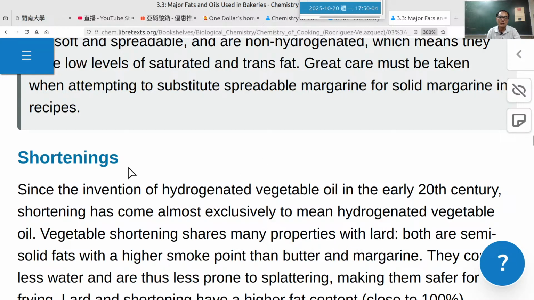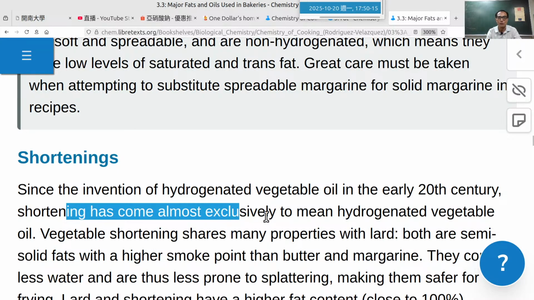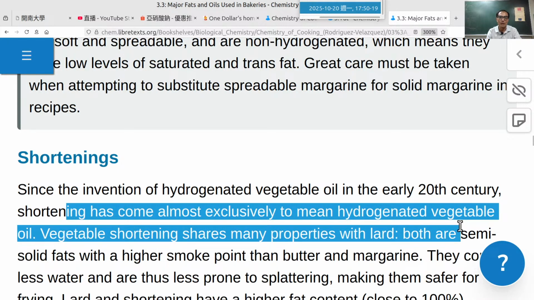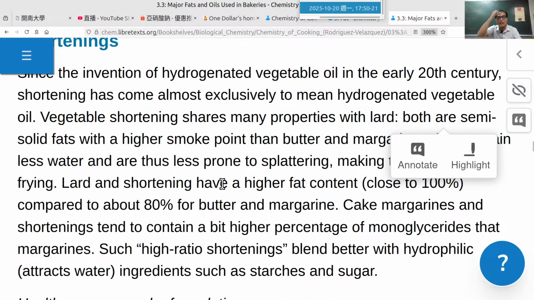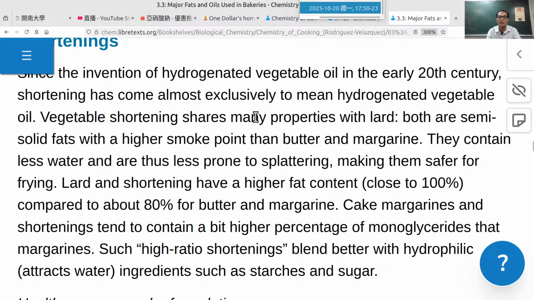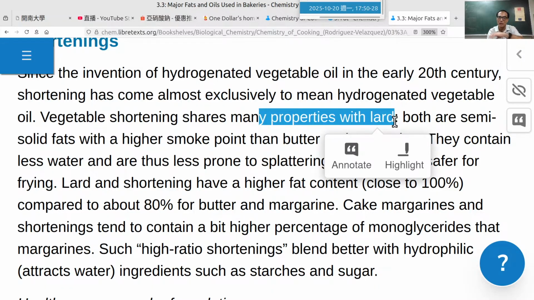Since the invention of hydrogenated vegetable oil in the early 20th century, shortening has come almost exclusively to mean hydrogenated vegetable oil. Okay, and it shares many properties with lard. It's a replacement for pig oil, the lard.